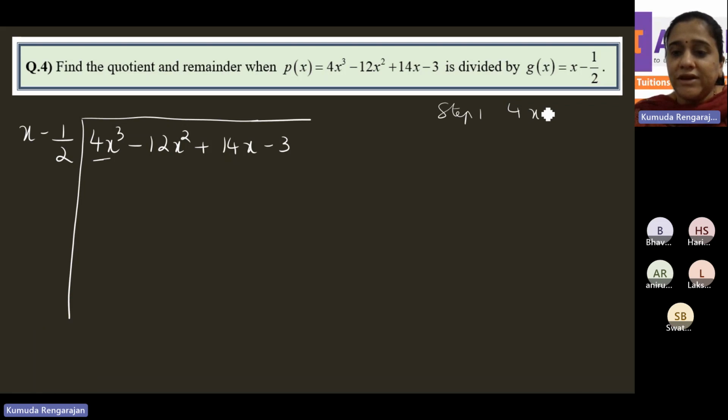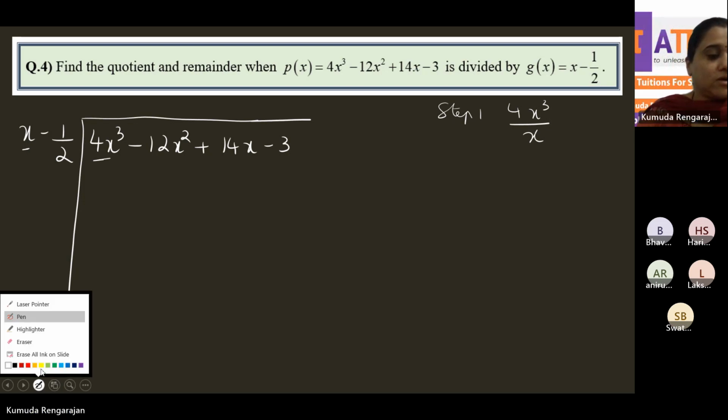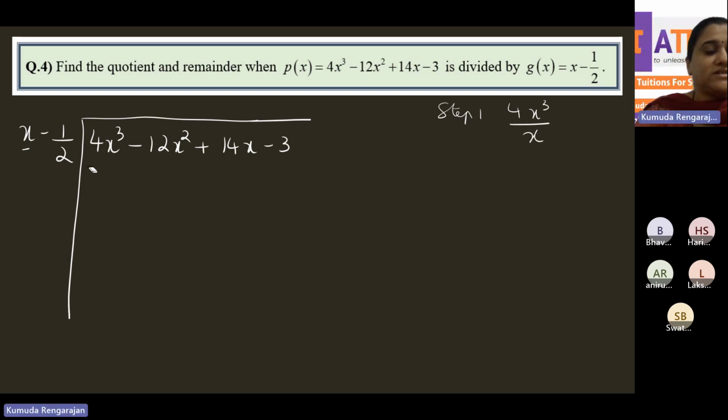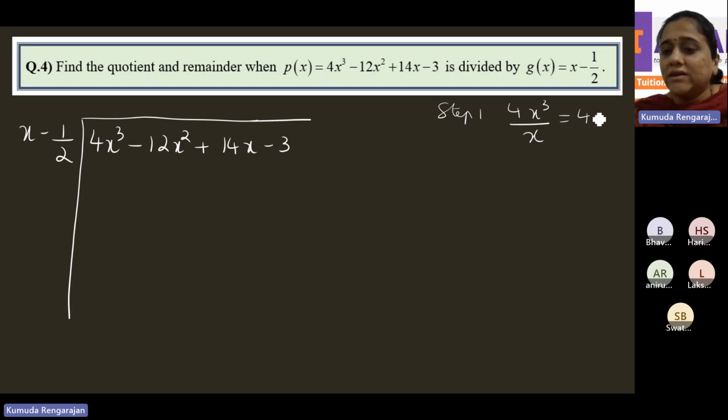The first term of the dividend divided by the first term of the divisor. What do you get? 4x square. That is the first term in the quotient.